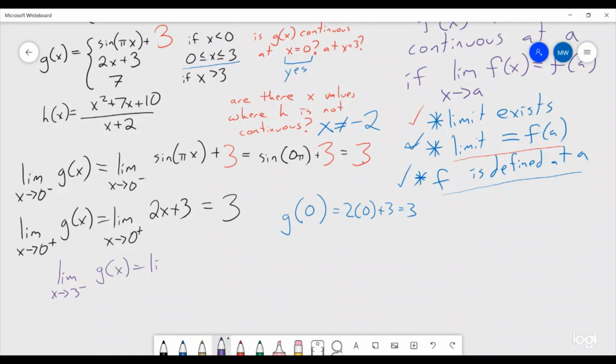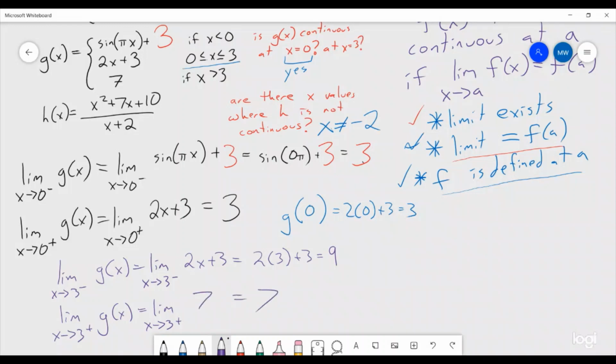That would be the limit as x goes to 3 from the left of 2x plus 3, which is going to be 2 times 3 plus 3, which is 9. But then from the right, the limit as x goes to 3 from the right of g of x. That is the limit as x goes to 3 from the right of 7, which is 7. Those are not equal, so it is not continuous at x equals 3.